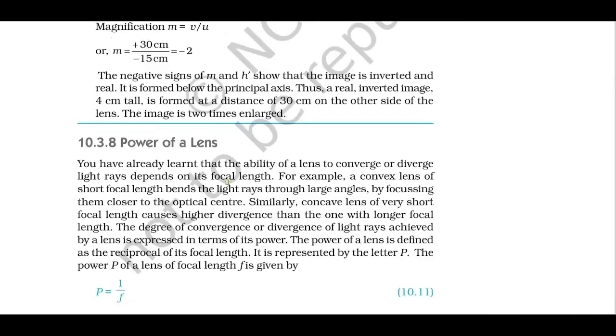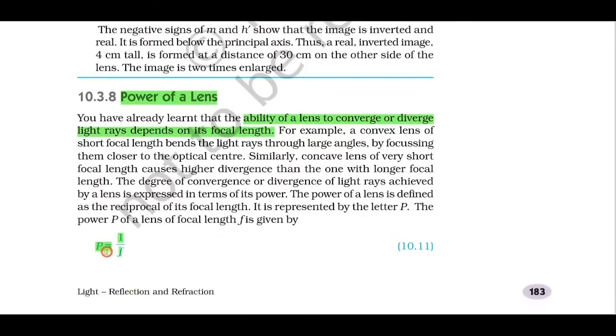Now the important concept, that is power of a lens. What is power of a lens? It is the ability of a lens to converge or diverge the light rays depending on the focal length. Power of a lens is the reciprocal of its focal length.